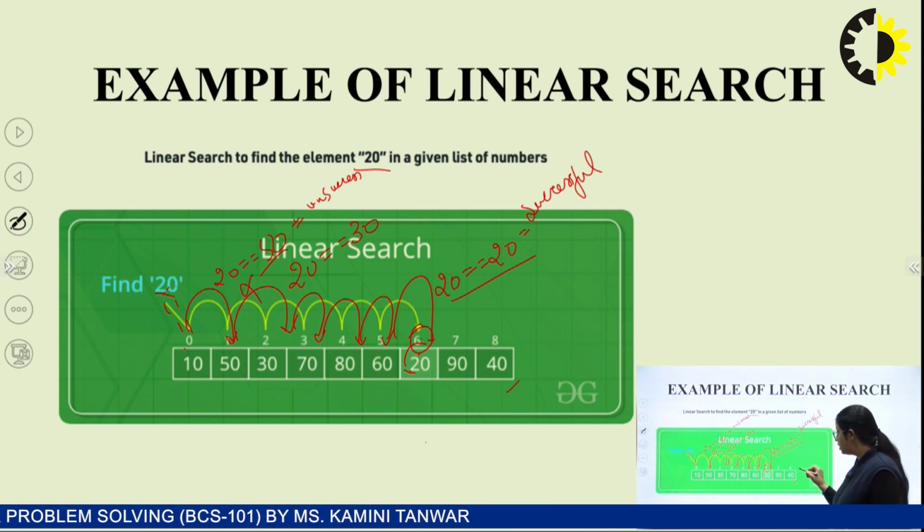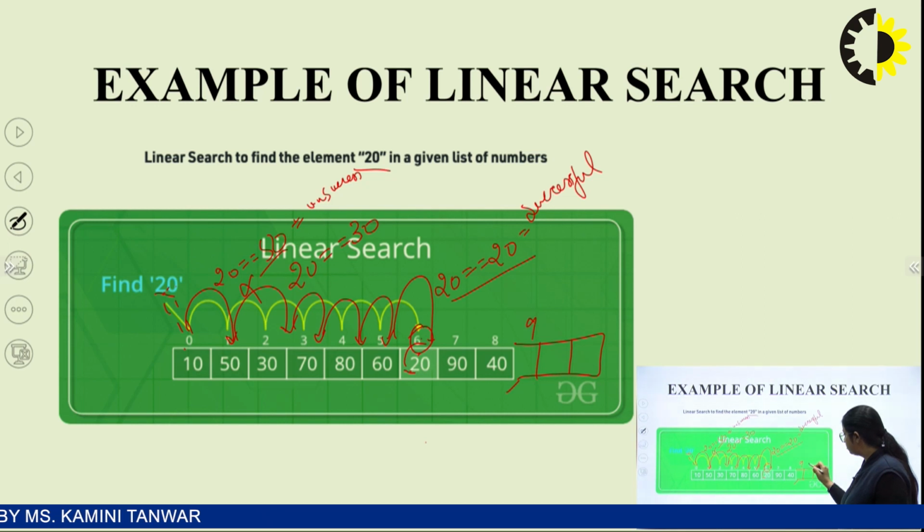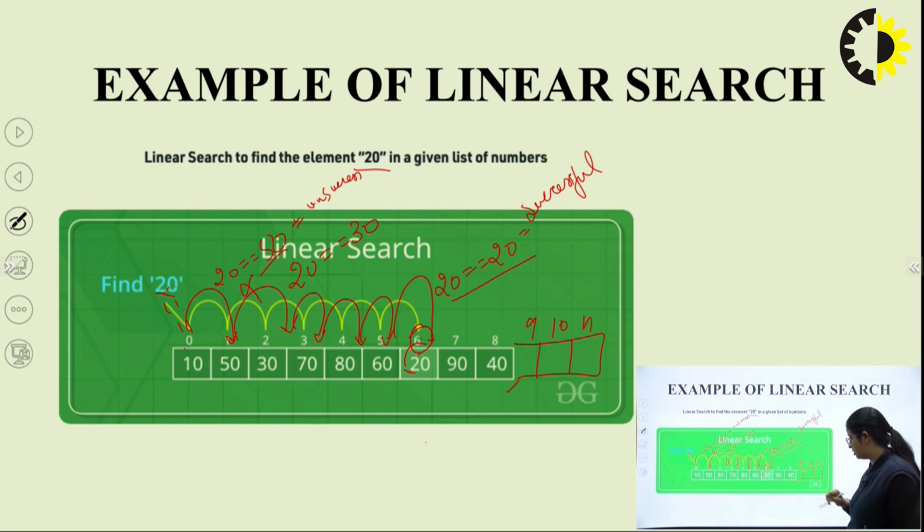But suppose I have 3 more elements here: 30, 20, 10. You can easily see that we have one more 20, the same element that we want to find.